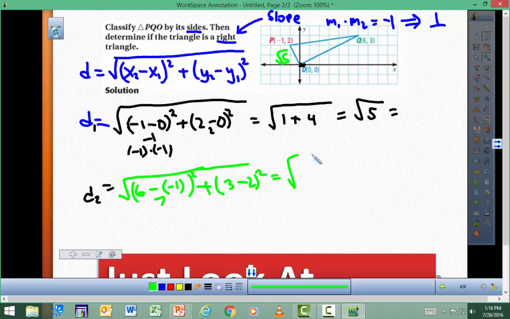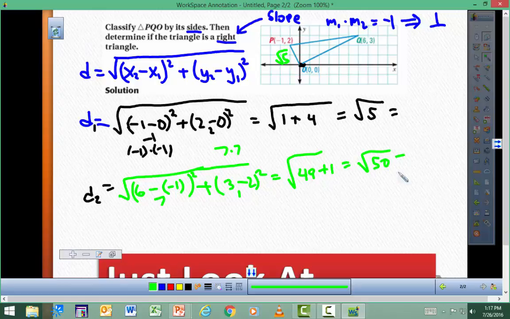And then 7 squared is 49. And 7 times 7, right? That's that first one. And then 3 minus 2, of course, is just 1. And then 1 squared is 1. And so this time we get the square root of 50.